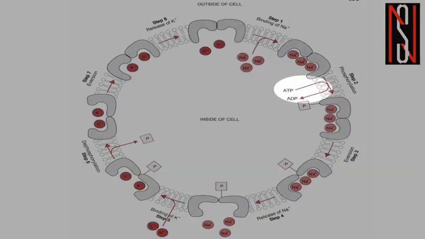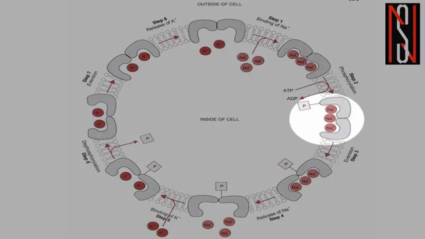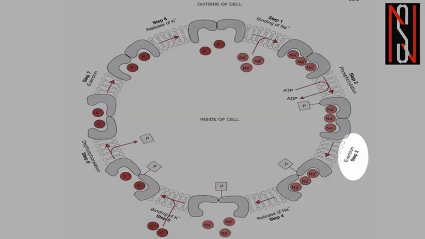From ATP it is converted to ADP, and that alpha subunit will be phosphorylated. As the alpha subunit is phosphorylated, it will act as the revolving door and it will undergo, in step 3, the eversion.